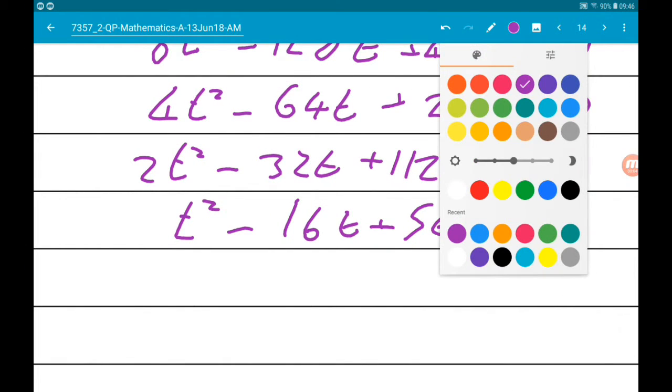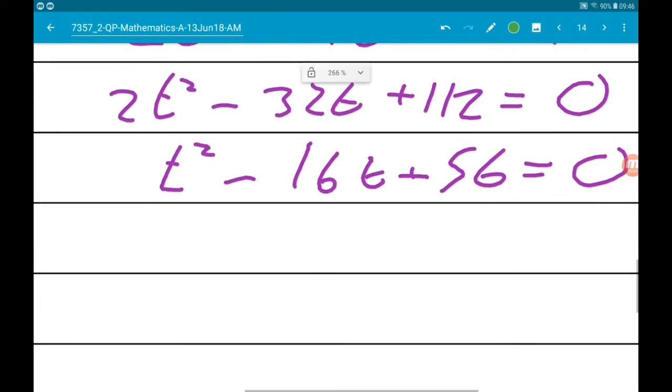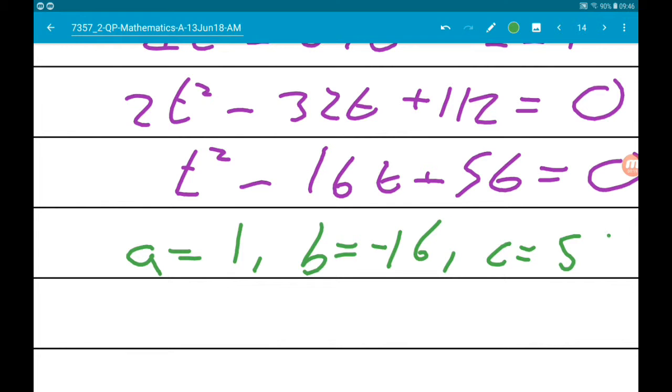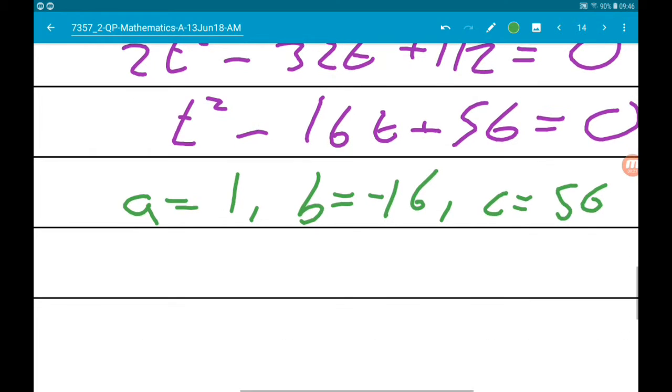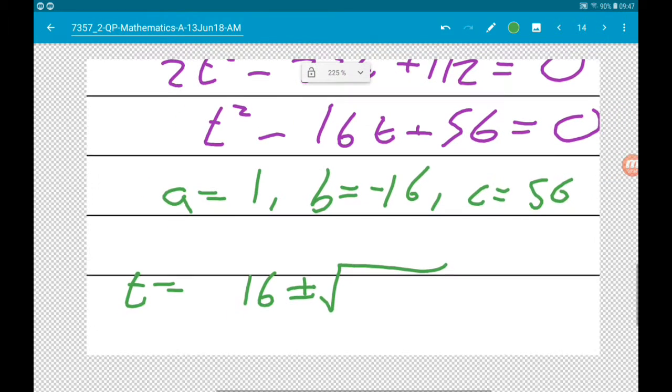I'm sure your calculators can do it, but one of my minions has mine, so let's go old school. Quadratic formula: a is 1, b is minus 16, c is 56. t then is minus b, so 16, plus or minus the square root of minus 16 squared, so that's going to be positive, minus 4 times 1 times 56.